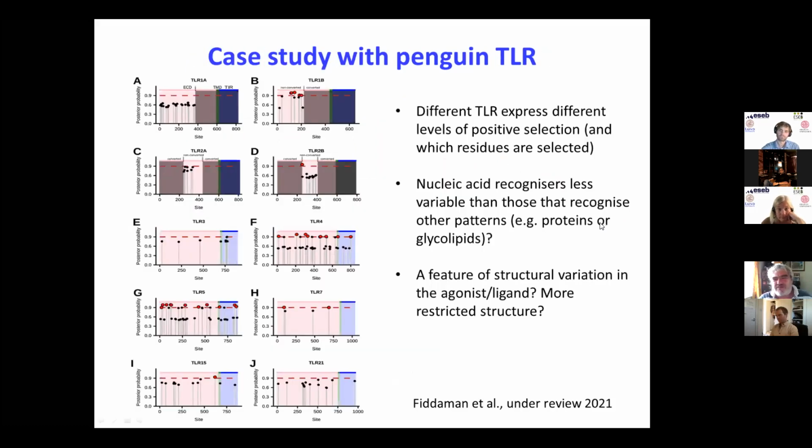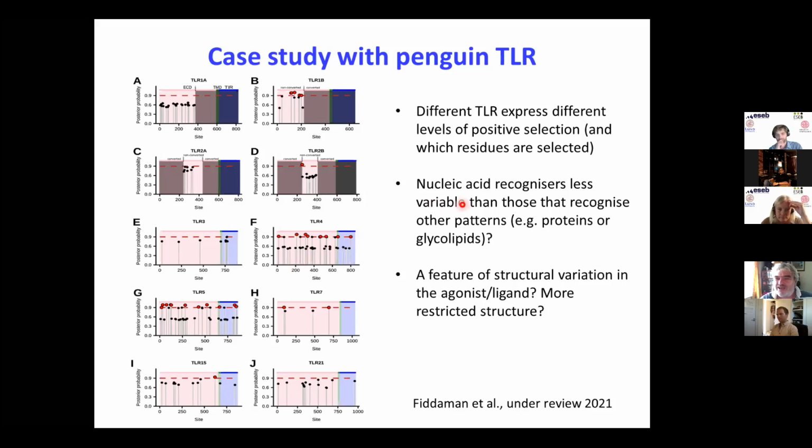So if we see variation, do we see selection? And the answer obviously is yes. But we see that different TLRs express very different levels of positive selection and different patterns of residues are selected. So TLRs like TLR4 and 5, typically we see high levels of positive selection across a variety of residues in various different positions in those genes.